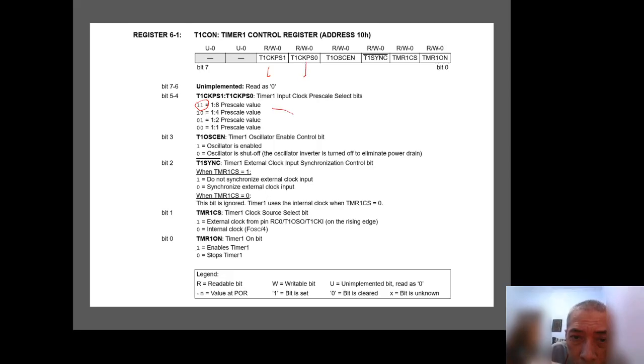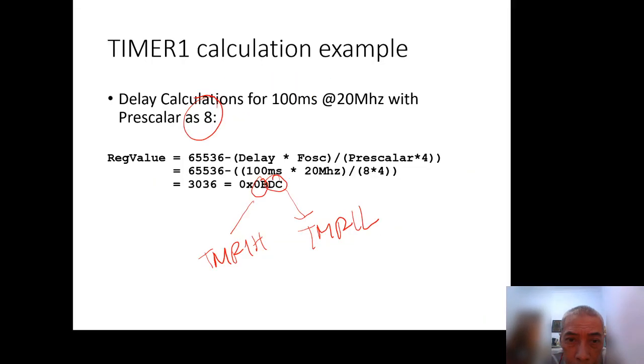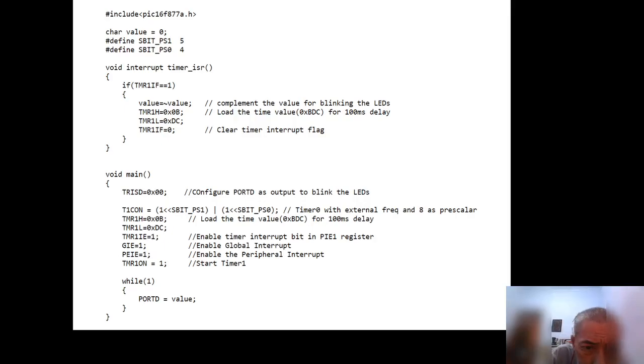So the prescaler value will be 8. Okay, 1 and 1, for the 5th bit and 4th bit. This is the 5th bit and this is the 4th bit, and we can assign the value of logic 1.